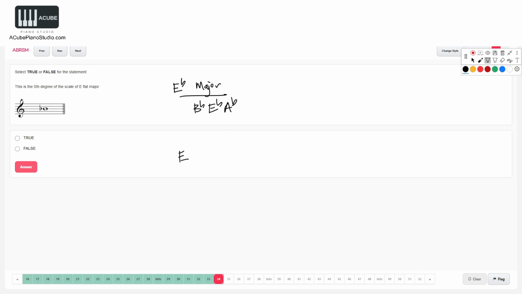E is the 1st degree, F, G, A, B, so 2nd, 3rd, 4th, 5th. I reach the 5th, and because of this key signature, B needs a flat, so my 5th degree is B flat. Is this note B flat? Yes. So this is true.